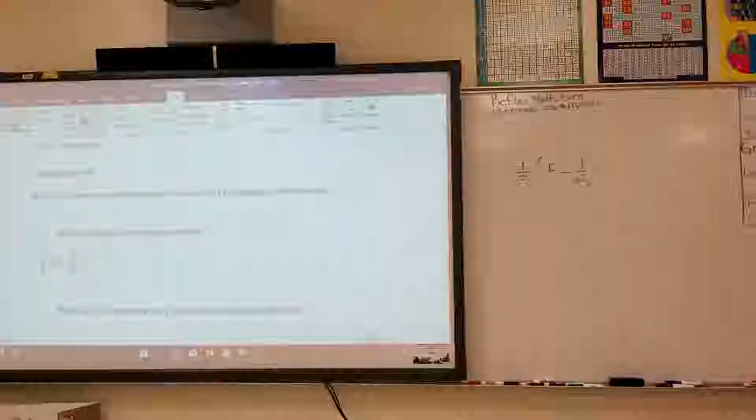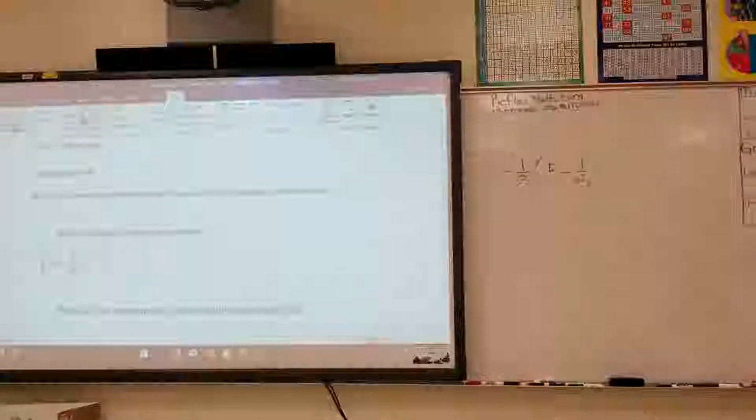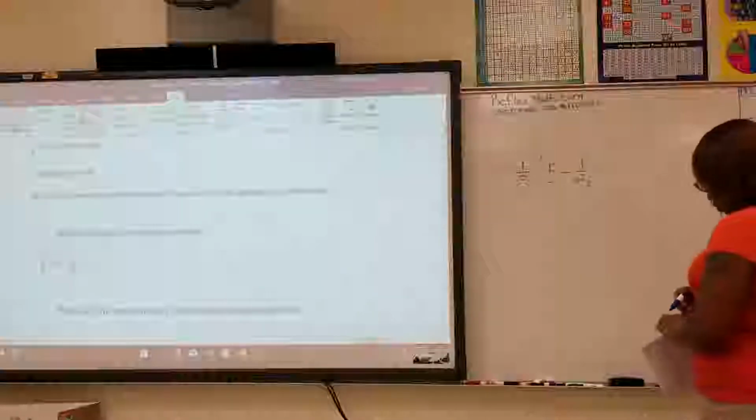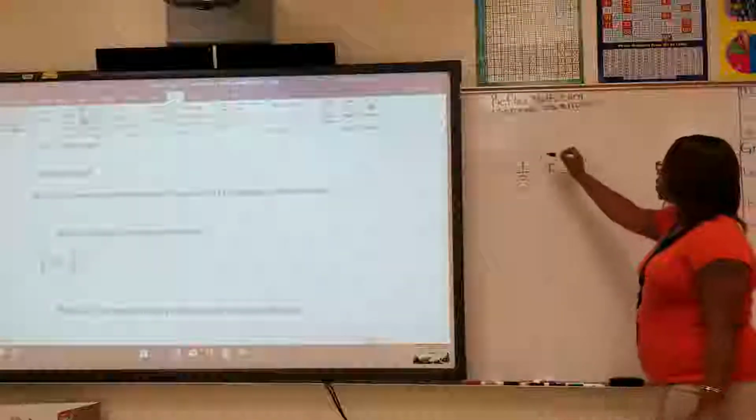you are combining multiplication and subtraction, okay, of fractions. So by now you should know how to multiply, add, subtract, divide fractions. So the first thing that we need to do, we have parentheses.